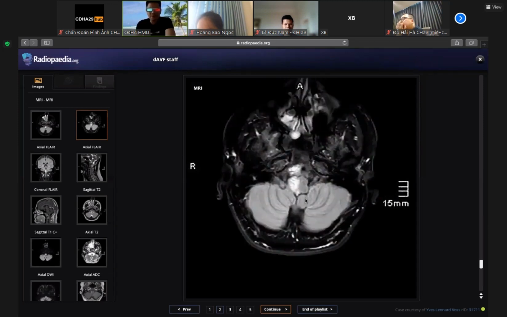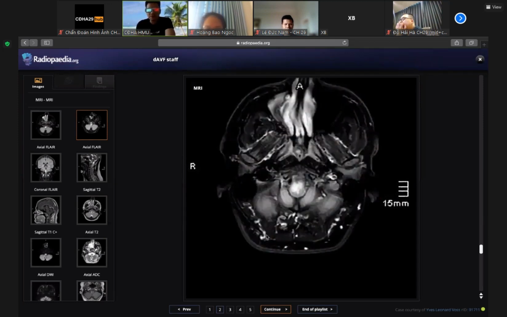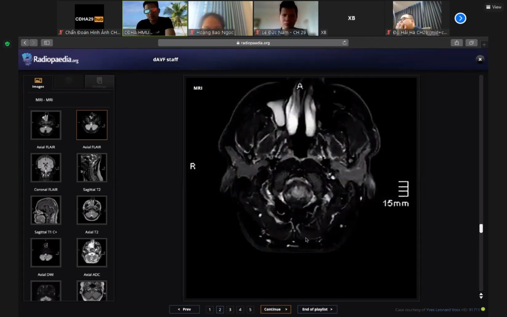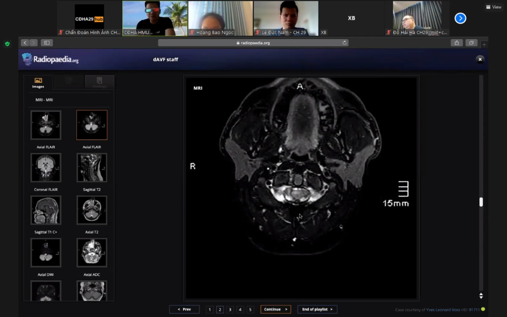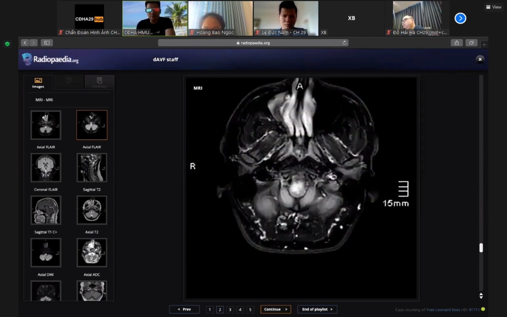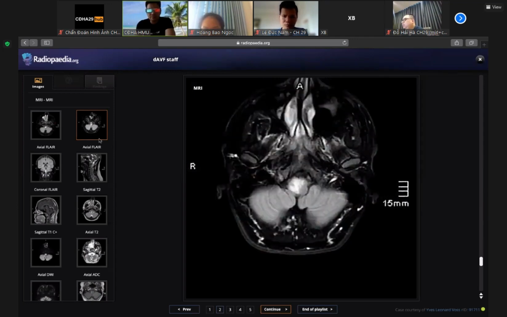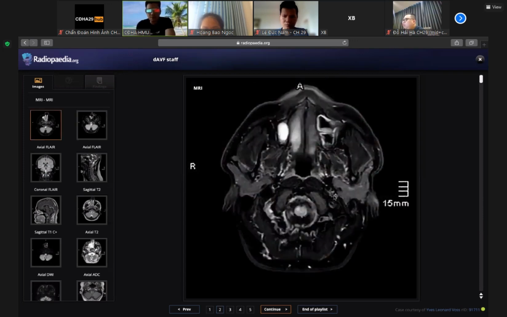On this slide, we can see the abnormal dilation of the vessel structure at this area, right? You can see that. And I think it may be a suggestion of vascular malformation, right? Do you think so, Swan?